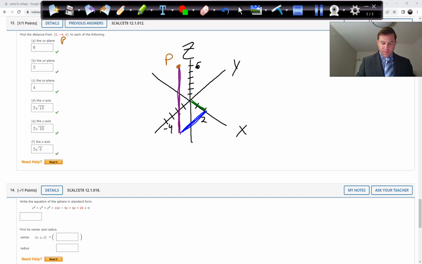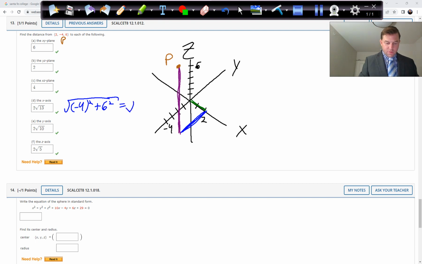Okay, now it asks, what's the distance from that point to the x-axis? Well, from this point down to the x-axis, we're going to consider its Pythagorean theorem using the y and z components. So this distance would be the square root of the y component squared plus the z component squared.